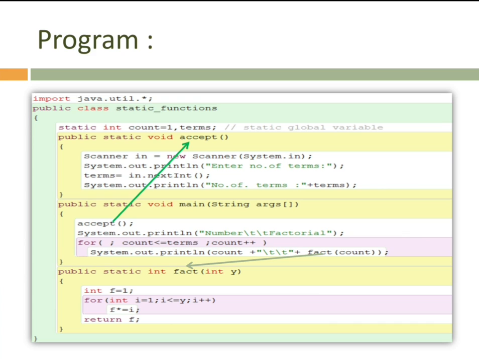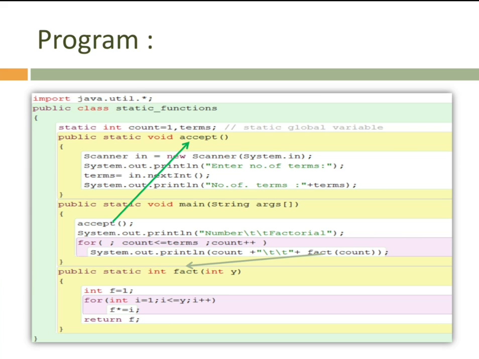Y receives the value of count, and with the help of this function we are going to find the factorial of y, and that value is going to be returned back. If I am sending the value of count as 5, y will receive 5 and we are getting back the factorial of 5. Means that is 120.